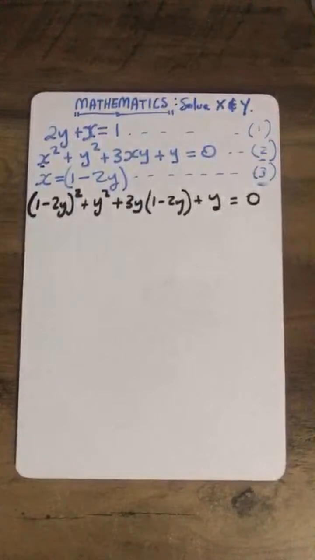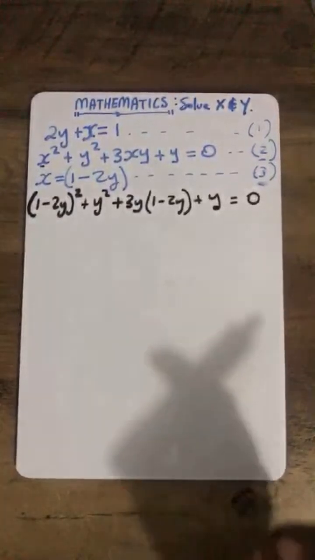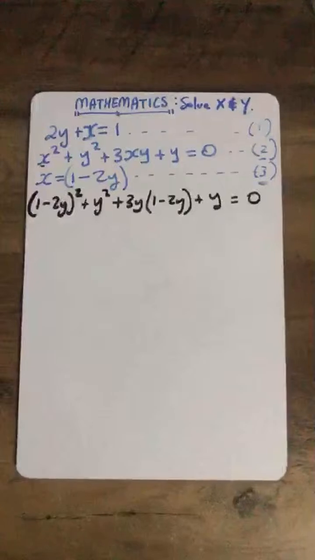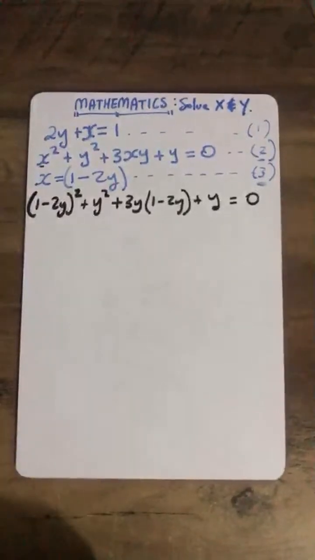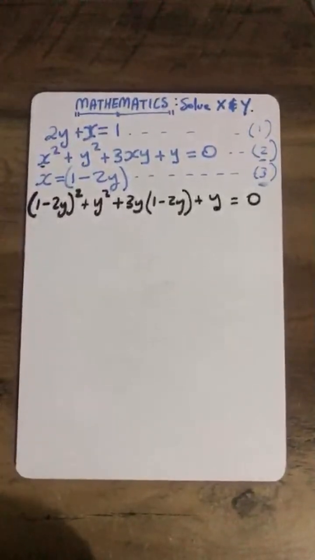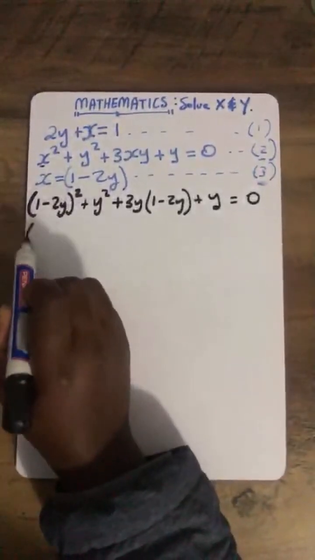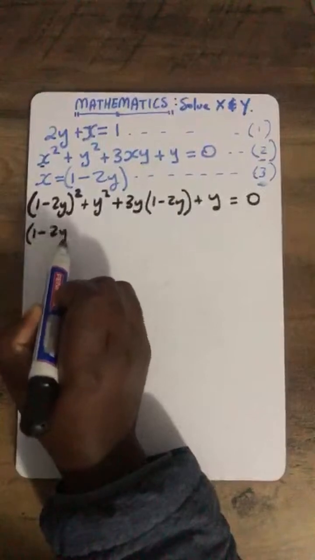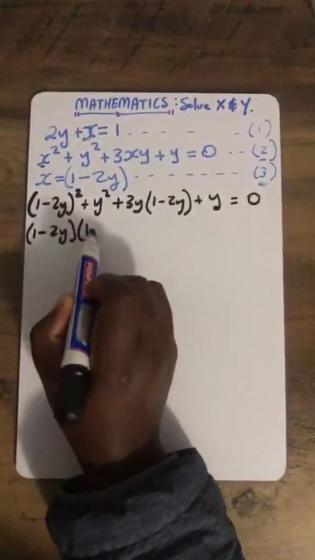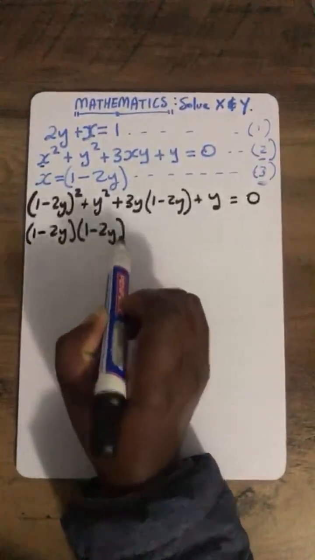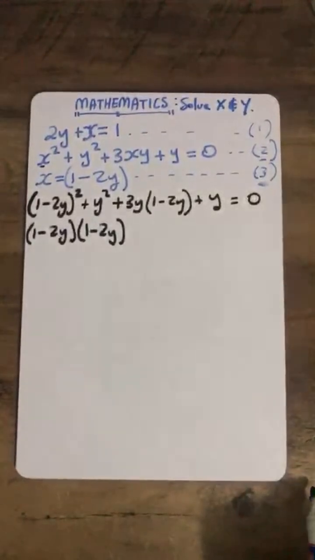Remember guys, today I just want to fully focus on solving for x and y. Hopefully I will make mistakes that you guys will learn from. So now let's see. I might need to do two of the same thing. Remember, a squared would mean two of the same thing.